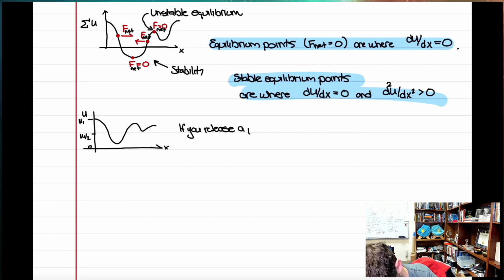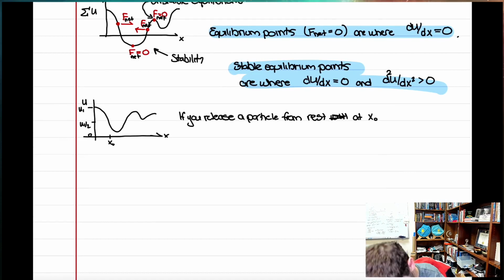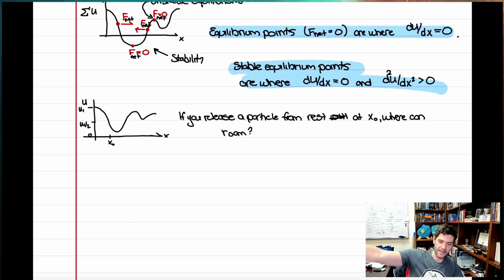If you release a particle from rest at x naught, and let's have it be right here, you can say things like, is the particle bound? Where can the particle roam? Is it possible it can travel away to x equals infinity, or is it stuck in some sort of location? And let's let this be the only force acting on you.